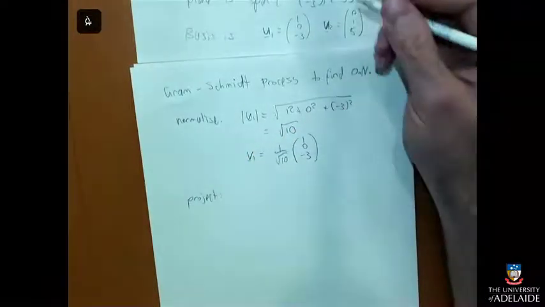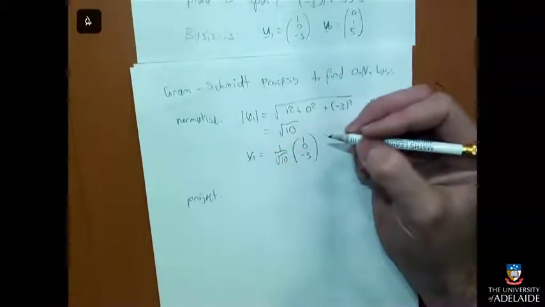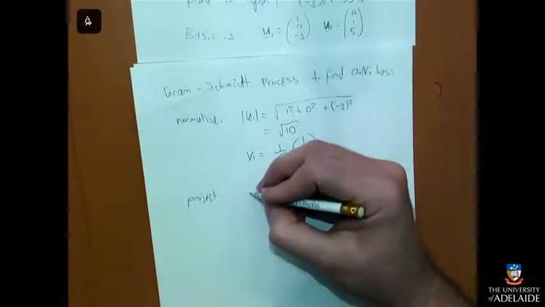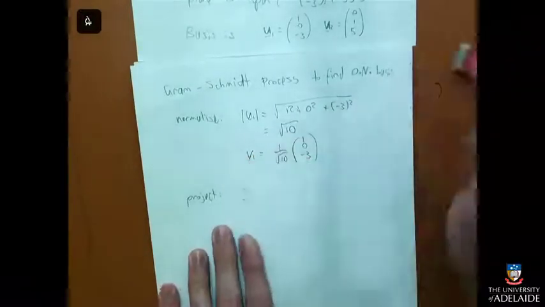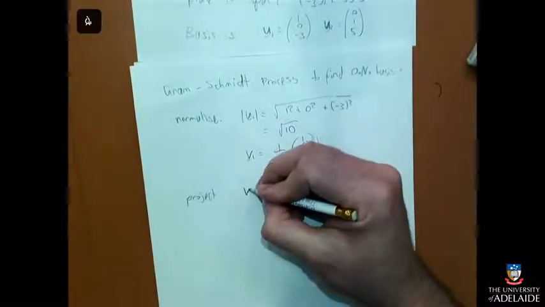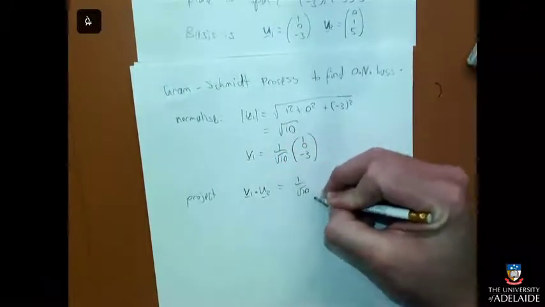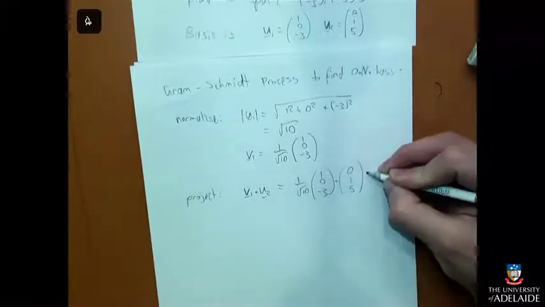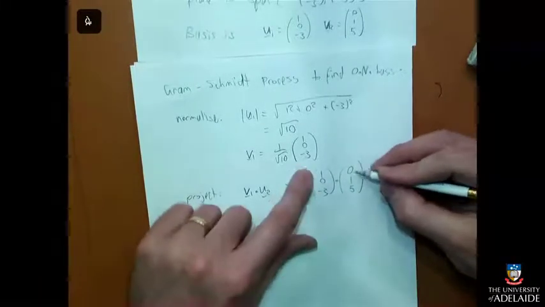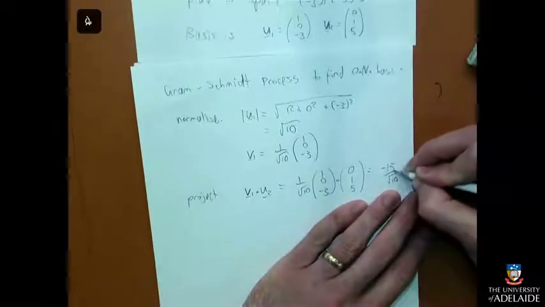Okay, so I need to project this one onto that one. And to do that, I'm going to need the dot product. So I'm going to need to do V1 dot U2, 0, 0, minus 15.